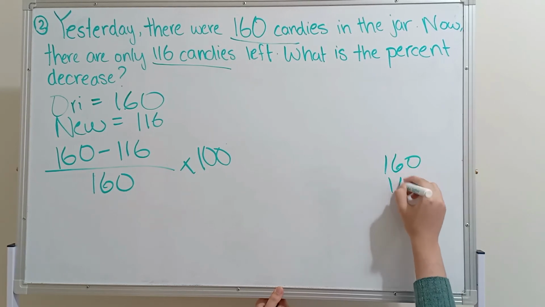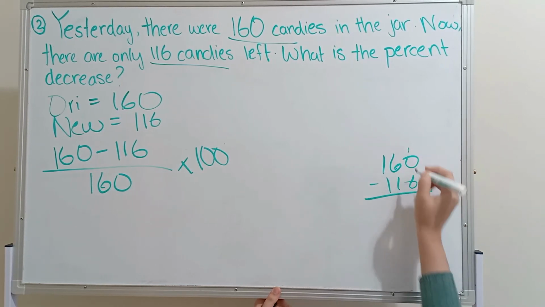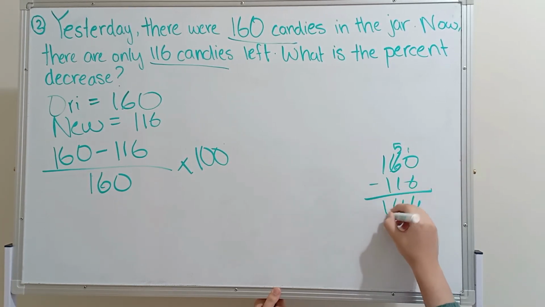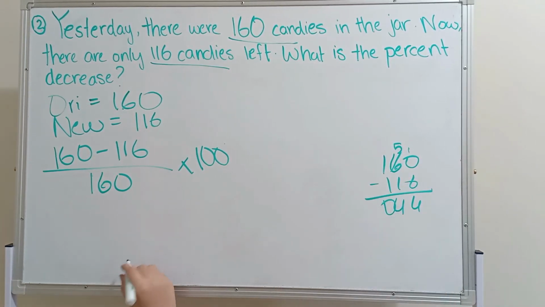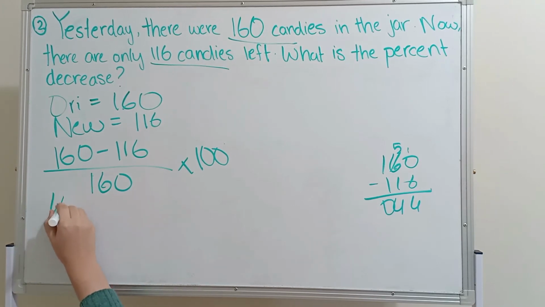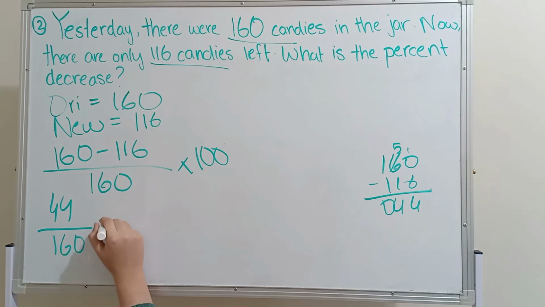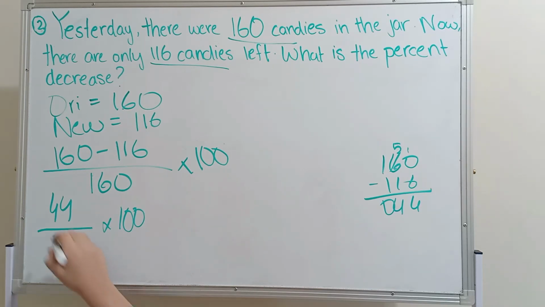160. It is 10, so it will be 4, 5, and 4 just cross out. So we have 44. So 44 over 160 times 100. So we can simplify this if we want first.